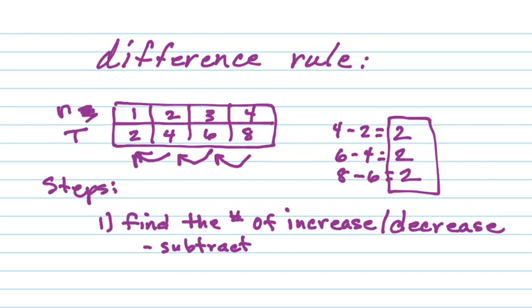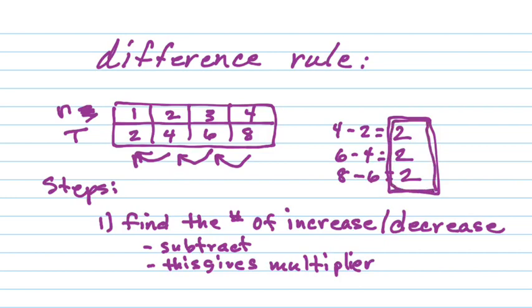Well, that number that we get is our multiplier. Okay? So this gives our multiplier. So that tells us for this particular pattern that no matter what I'm doing, I'm going to be multiplying by 2. And the thing that you're going to be multiplying by is always going to be times your n.